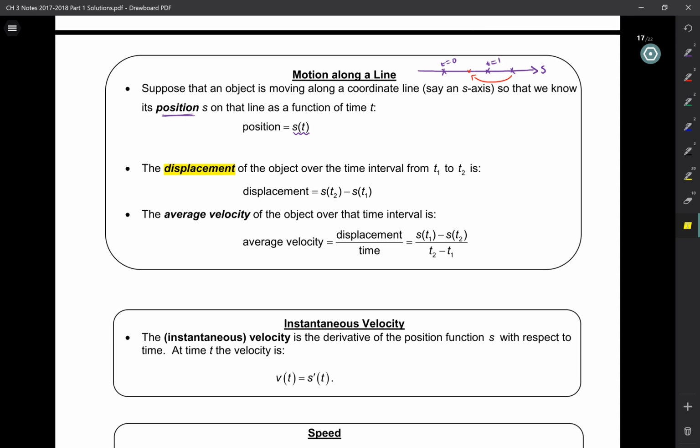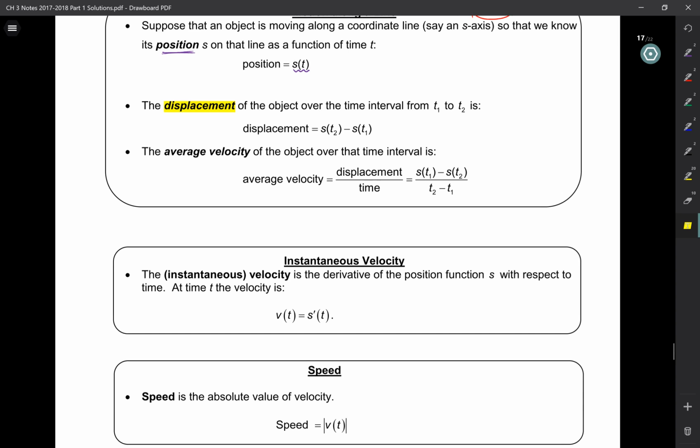So it's S of T2 minus S of T1, the final position minus the initial position. So if you started in one place and ended in the same place, the displacement would be 0. The distance, though, could be whatever. Okay, so that's displacement.